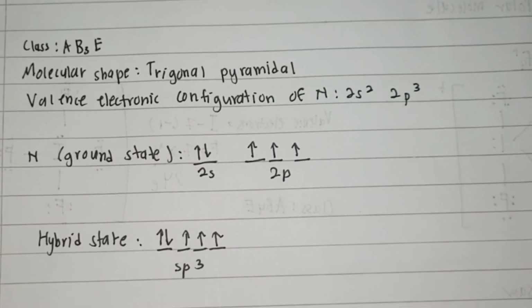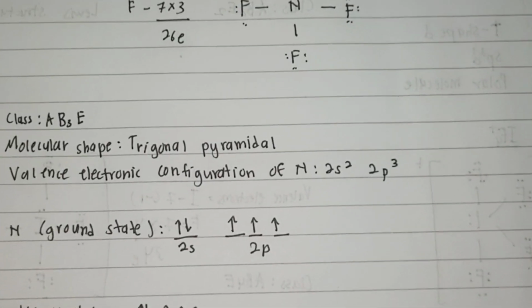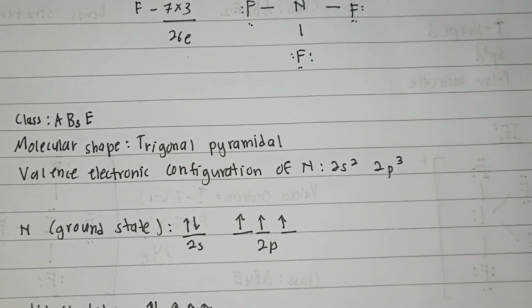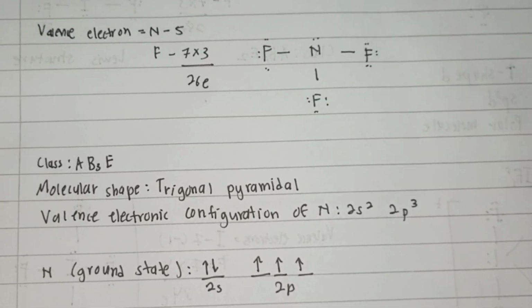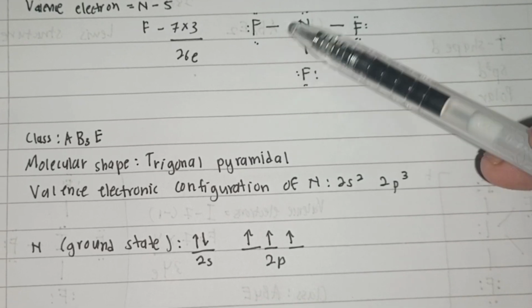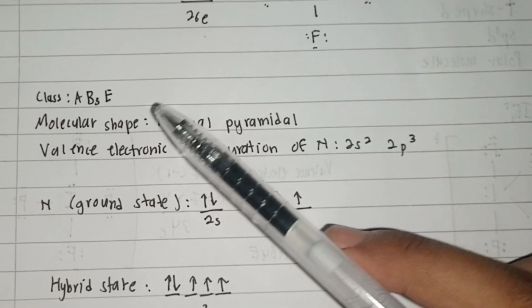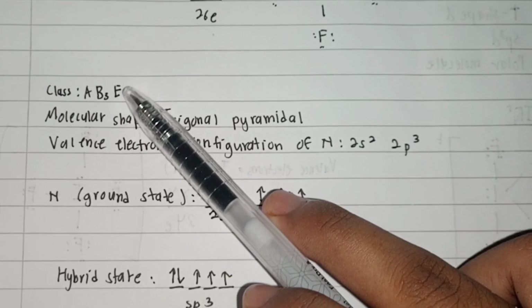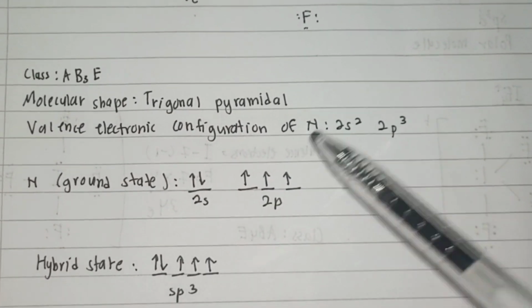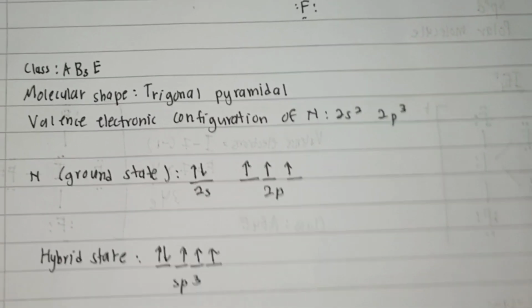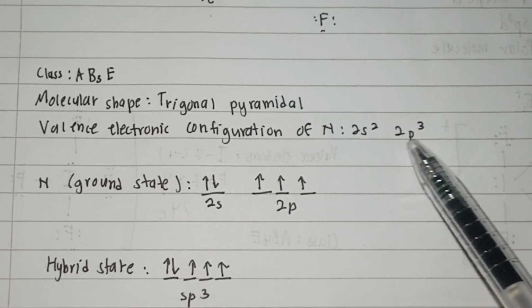So when the question asks you to describe the hybridization of any molecule, first you need to draw its Lewis structure so you can get the class of the molecule, and determine the molecular shape based on the class that you have concluded. Then draw the valence electron configuration, which is N has 2s2 and 2p3.